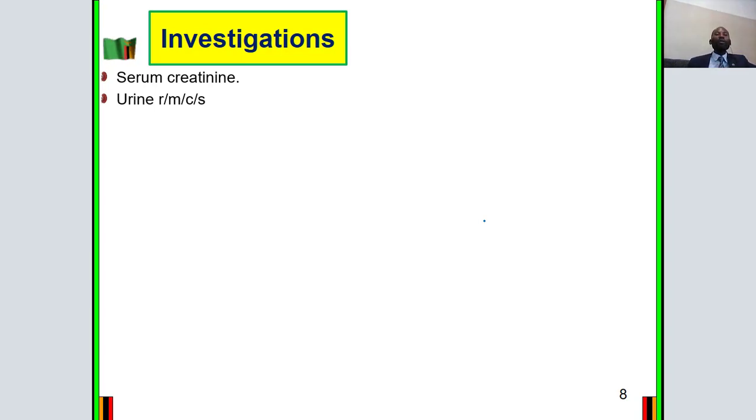So if you use a dipstick and you find that leukocytes and nitrates are positive in this patient, it will tell you there is infection. This one is more to do with the kidney injury.